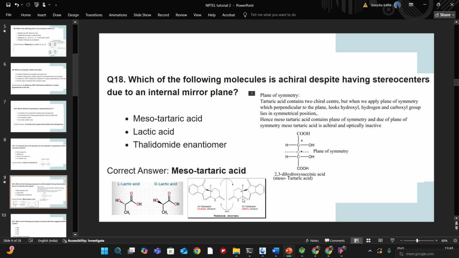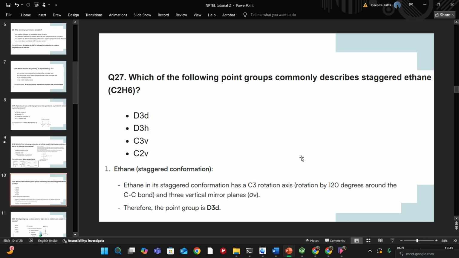After that, we discussed the optical activity of mesotartaric acid, how despite containing two chiral centers, this molecule is achiral because of having a plane of symmetry. Then we also talked about staggered ethane point group, which came to be D3D.